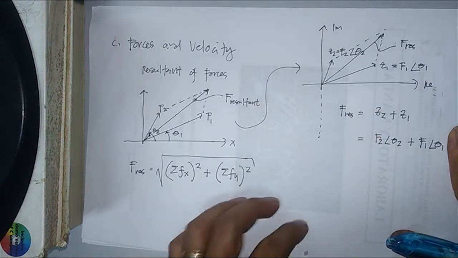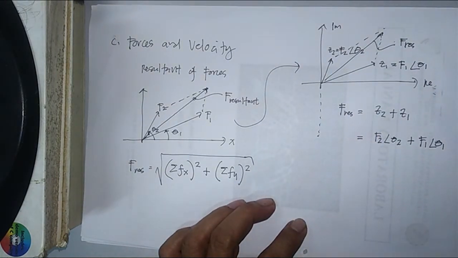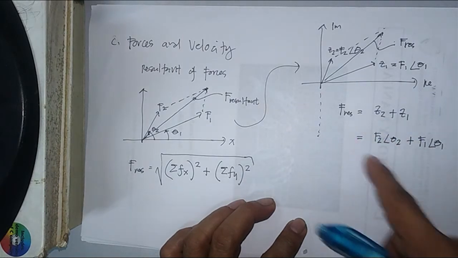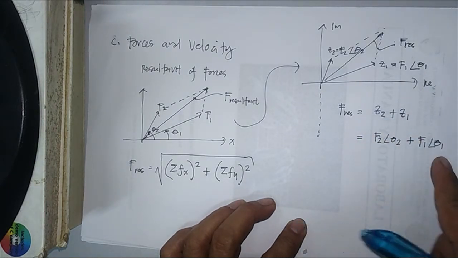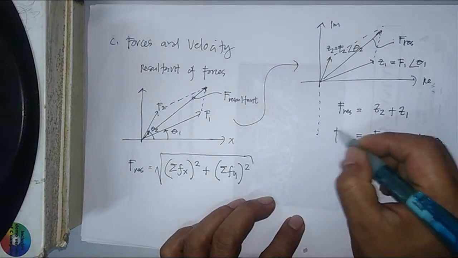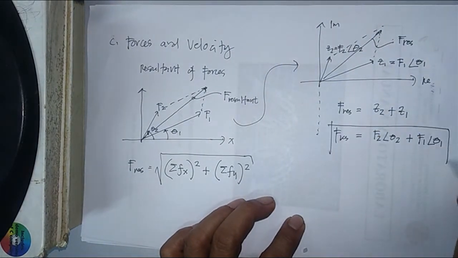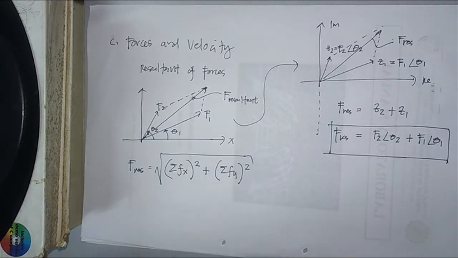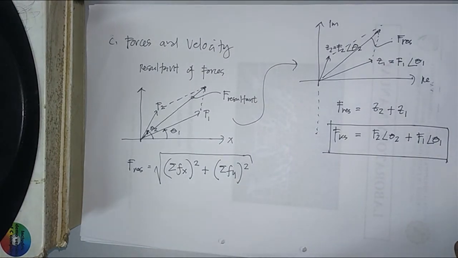But if you are looking for both the magnitude and the direction of force, you have to remove the absolute value sign. So this is now your formula for your resultant force.